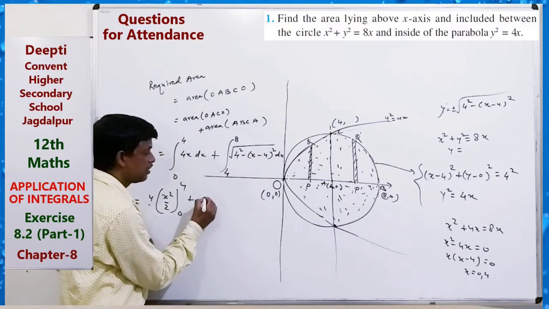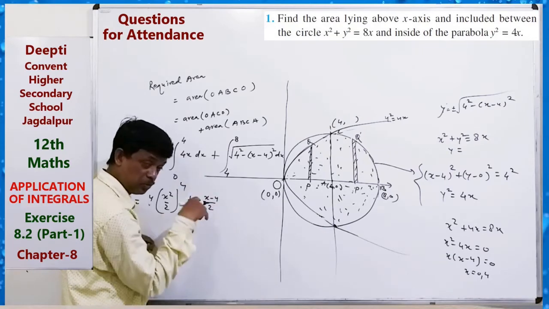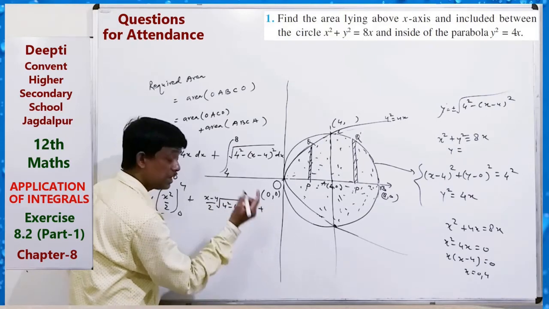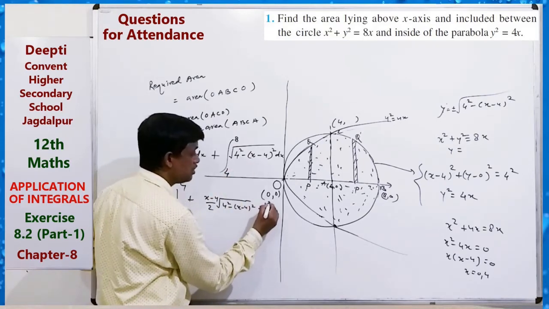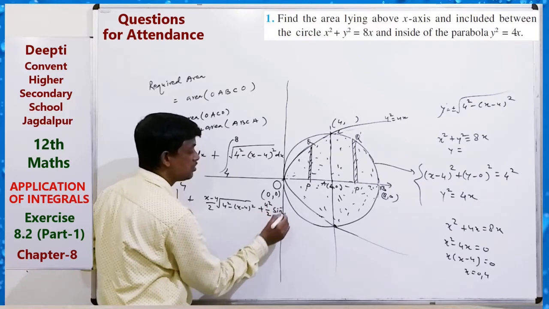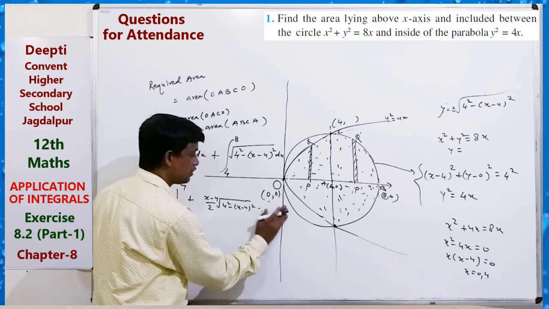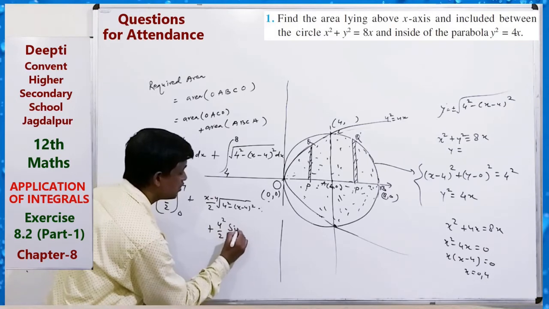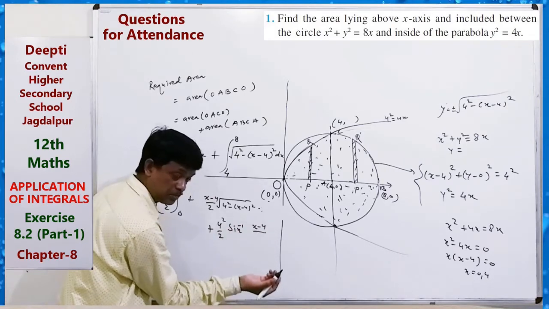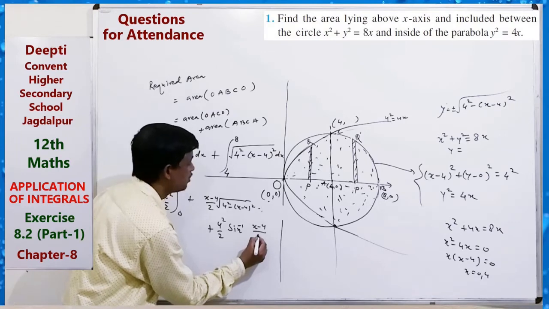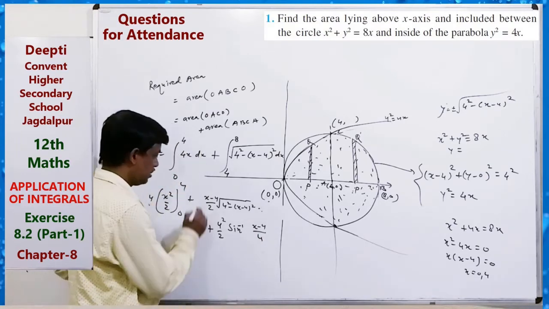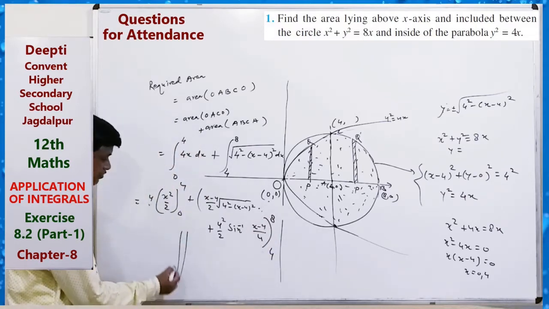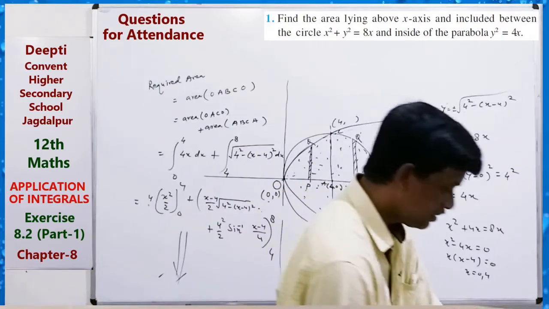So x minus 4 by 2 root over 4 square minus x minus 4 square, plus a square by 2, a square means 4 square by 2, sine inverse of x minus 4 by a, which is 4, and limit from 4 to 8. Now you can solve it. Okay, get the result. Clear?